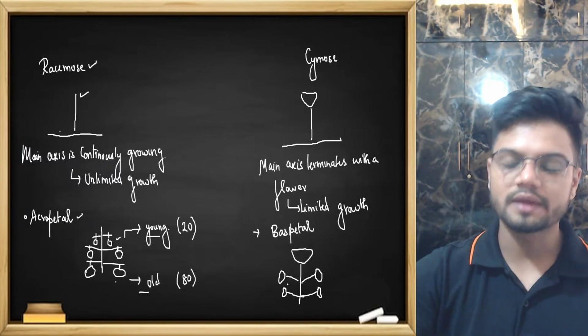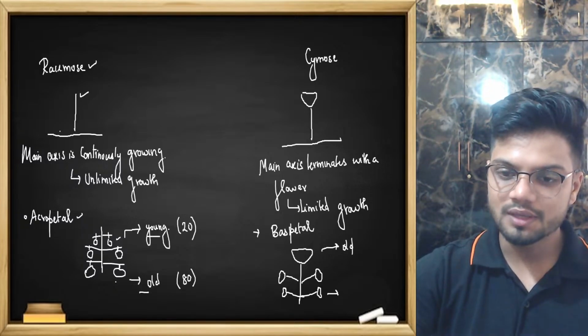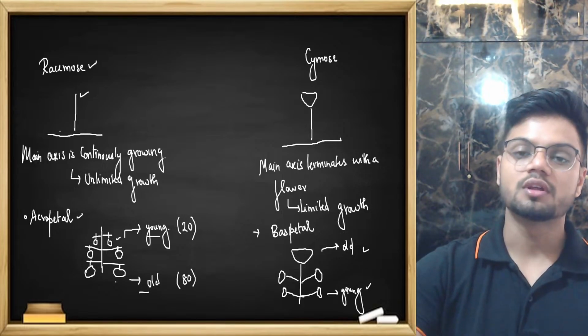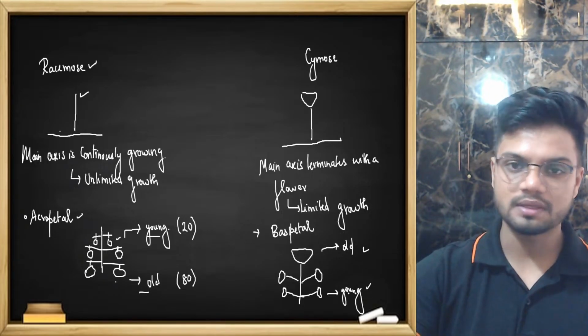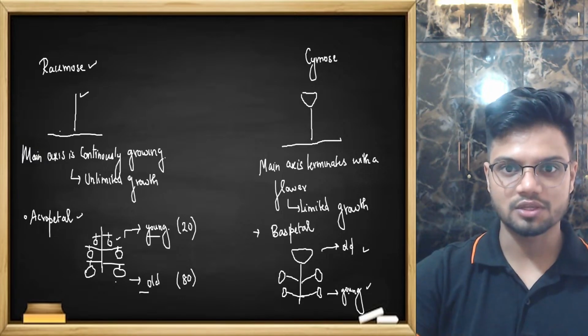So old flowers at the top, young flowers at the bottom. Such an arrangement is called basipetal succession. Clear, all of you?